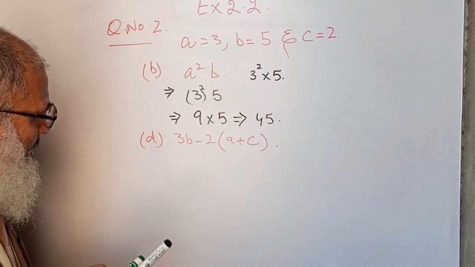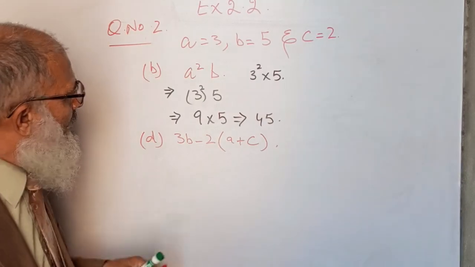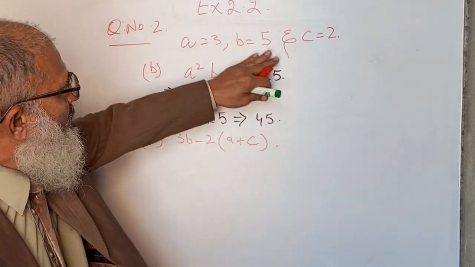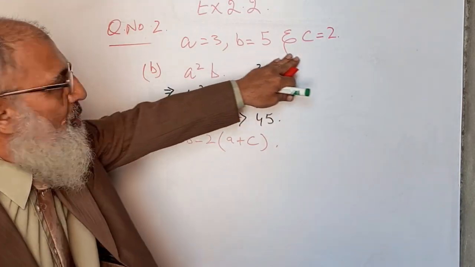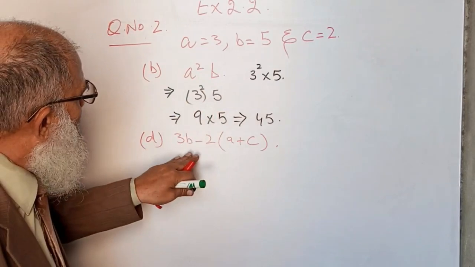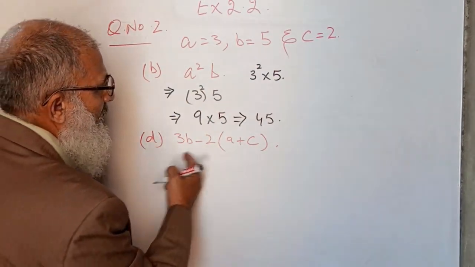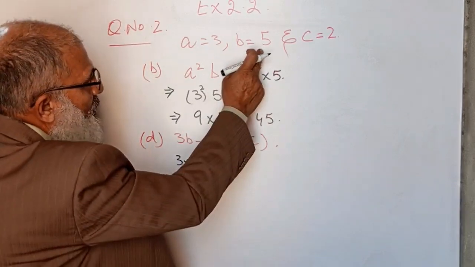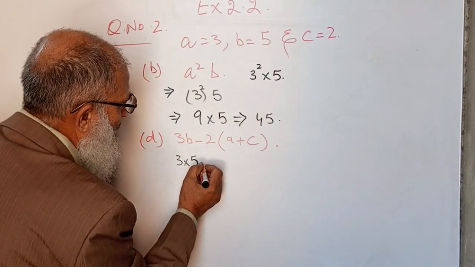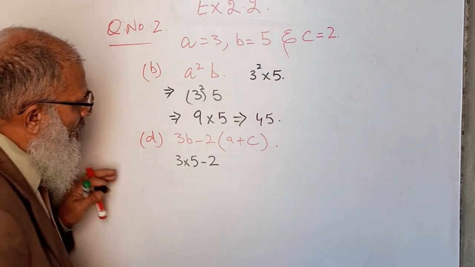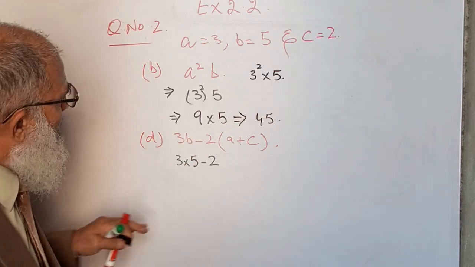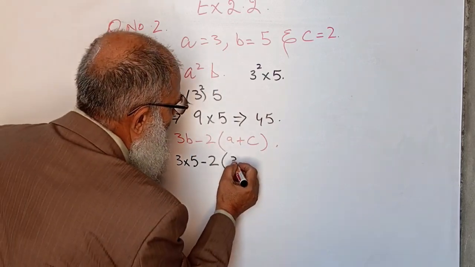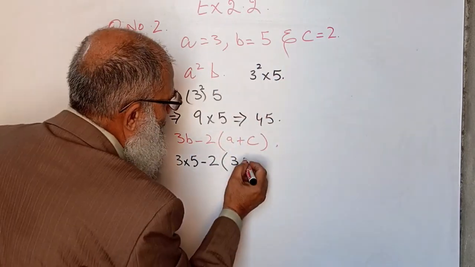First of all, we'll substitute these values in this expression. 3 multiplied by b. B is how much? 5. Write all the other things as they were. A is equal to 3. C is equal to 2.